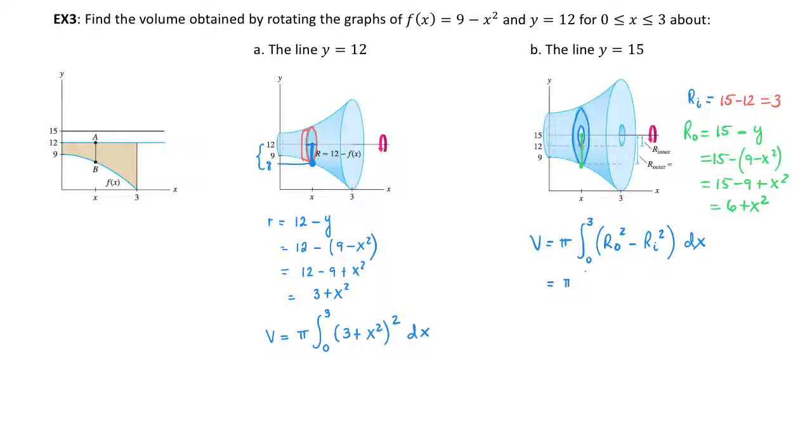That's going to be pi, the integral from 0 to 3. Now substituting the formulas, we're going to have here the first one, the outer, 6 plus x squared, minus 3 squared, and then dx. What I would do now is I would go ahead and expand this and then integrate a term at a time.